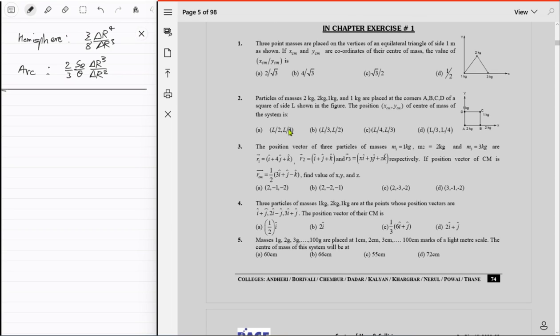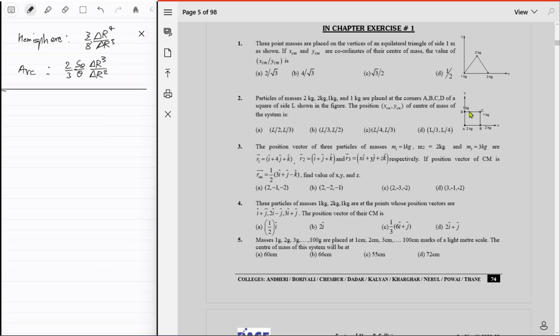Particles of mass 2 kg, 2 kg, 1 kg, 1 kg are placed at corners A, B, C, D of a square of side L as shown in the figure. Find the position of the center of mass. Side L, got it. This doesn't actually matter anyway. This one is 2 comma 0. This one is 1 comma 1 times 1, which is 1 comma 1.